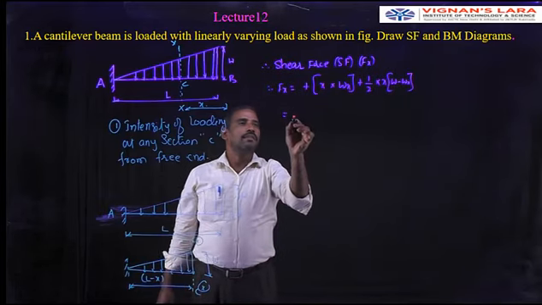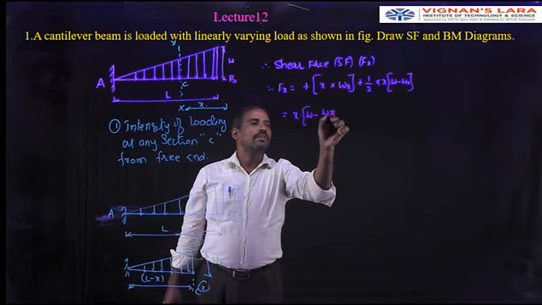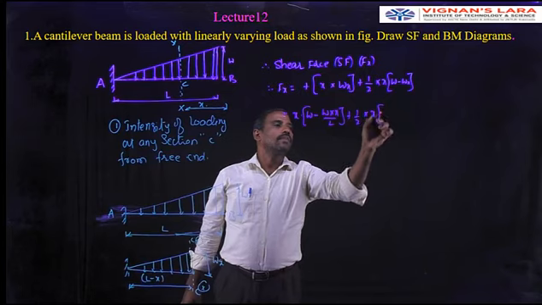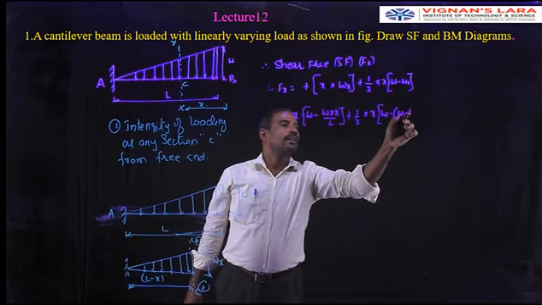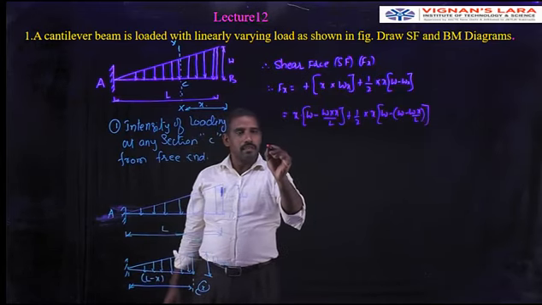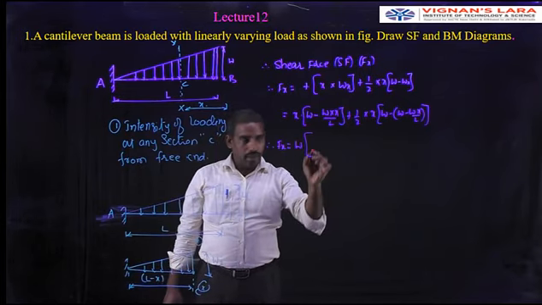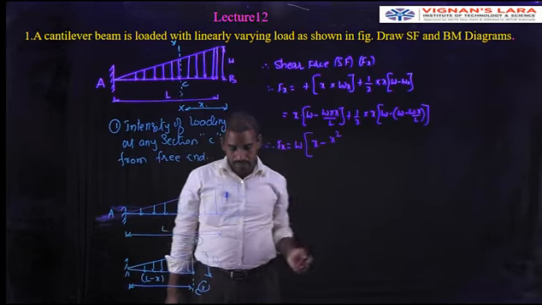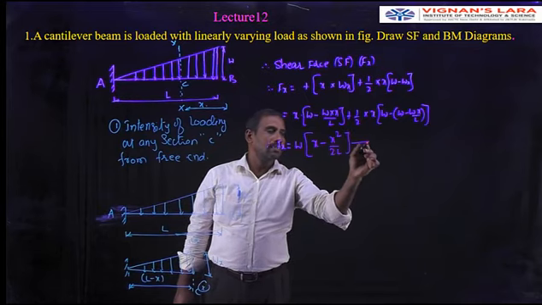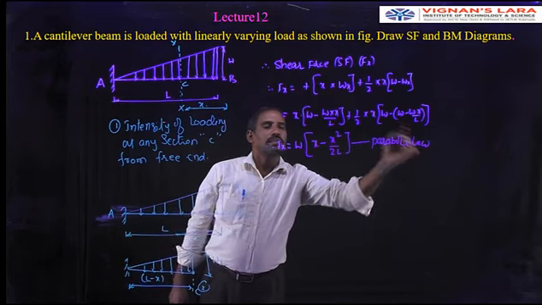So x into (W minus W into x by L) plus half into x into (W minus of W minus W x by L). From this equation, finally, the shear force Fx is equal to W x minus x square by 2L. So I think that it follows the parabolic law. So this is the shear force.